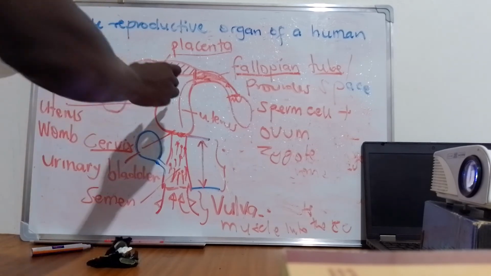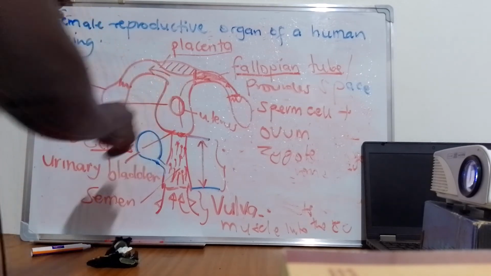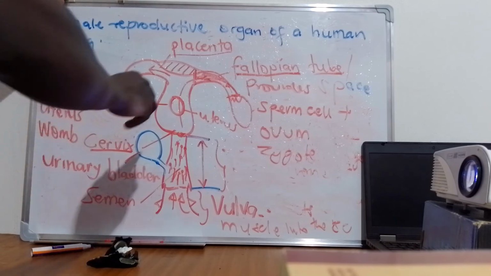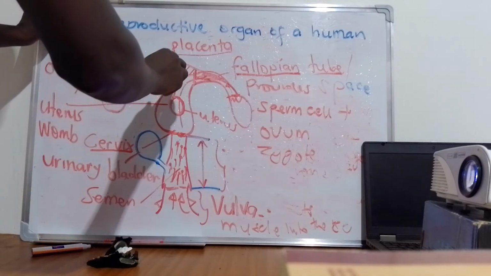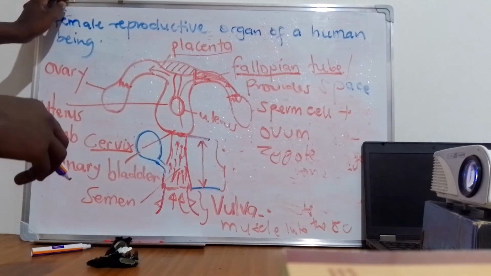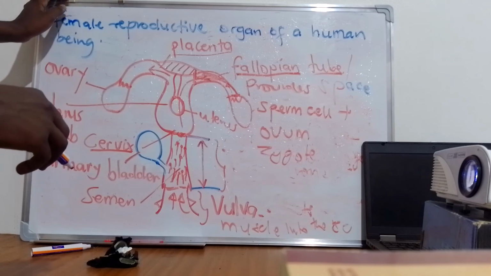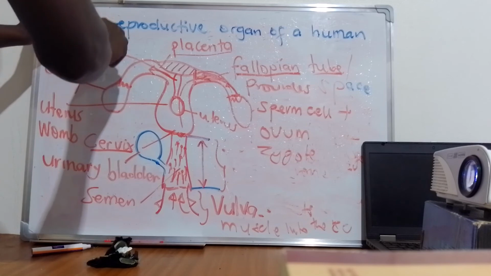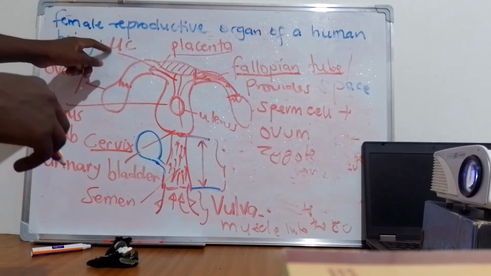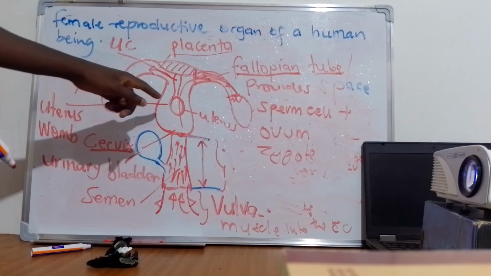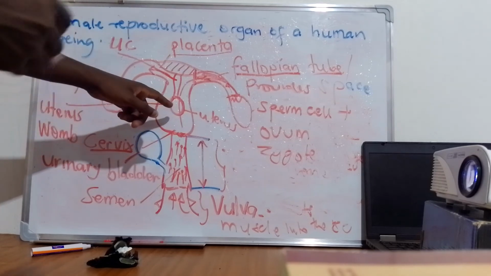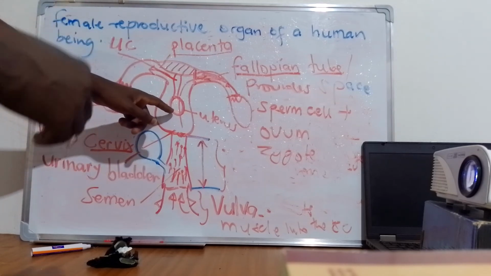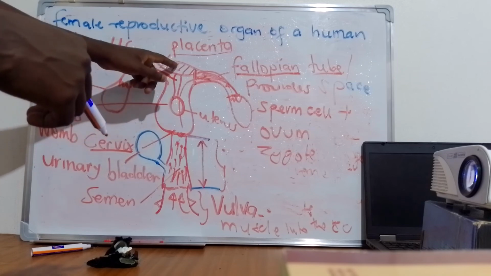Secondly, while the baby is here, the baby will be excreting, and the baby is connected to the placenta by this tube we call the umbilical cord. So when this baby excretes, the secretions are stored in the placenta.